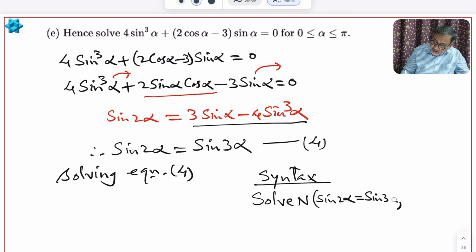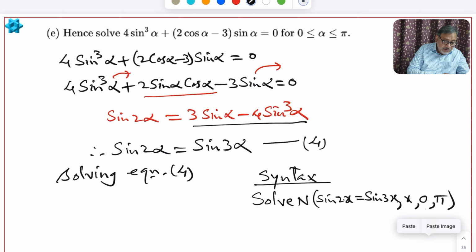But then I will write the values of alpha there. Sine 2x, sine 3x, x, and then 0 to pi. Look here, like this I will put in the calculator. My calculator should be in radian mode, so I will change the angle to radian mode, and now I will use sine 2 alpha.